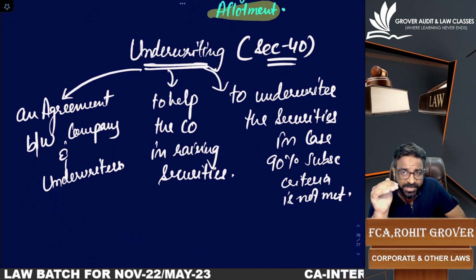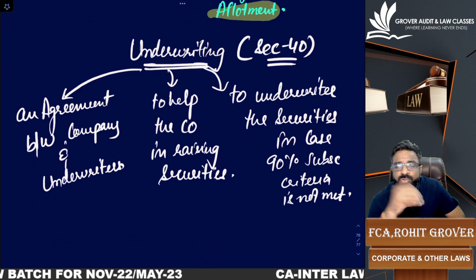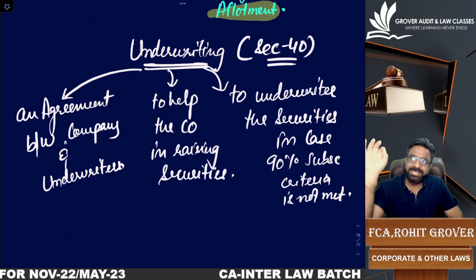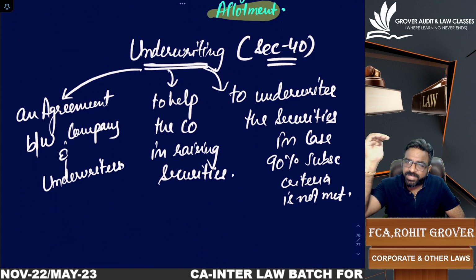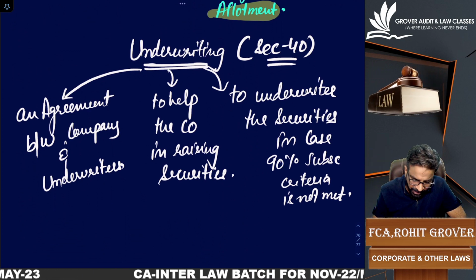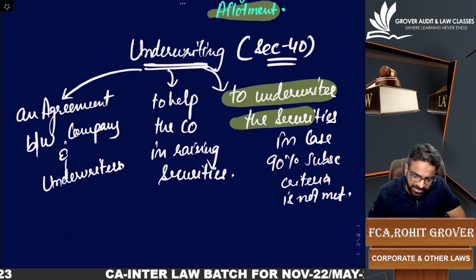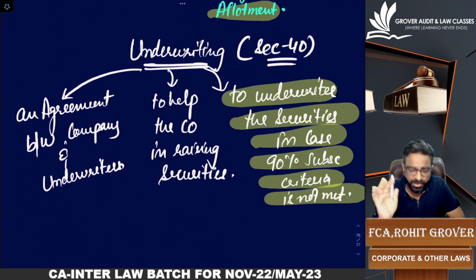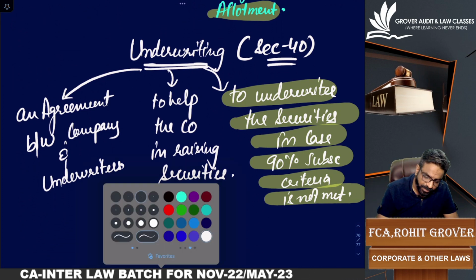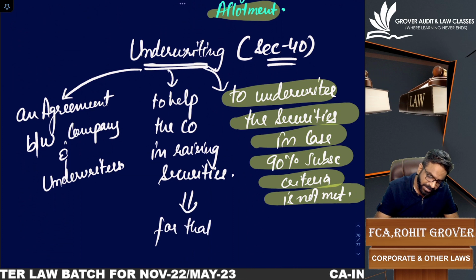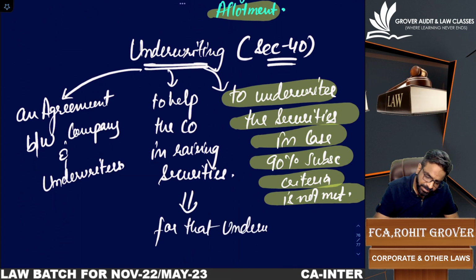That is the promise the underwriter makes to the company. We will help you in reaching 90%. If there is a shortfall, then we will buy your securities. That is the meaning of point number 3. To underwrite the securities in case 90% subscription is not met. And for that, what do they deserve?